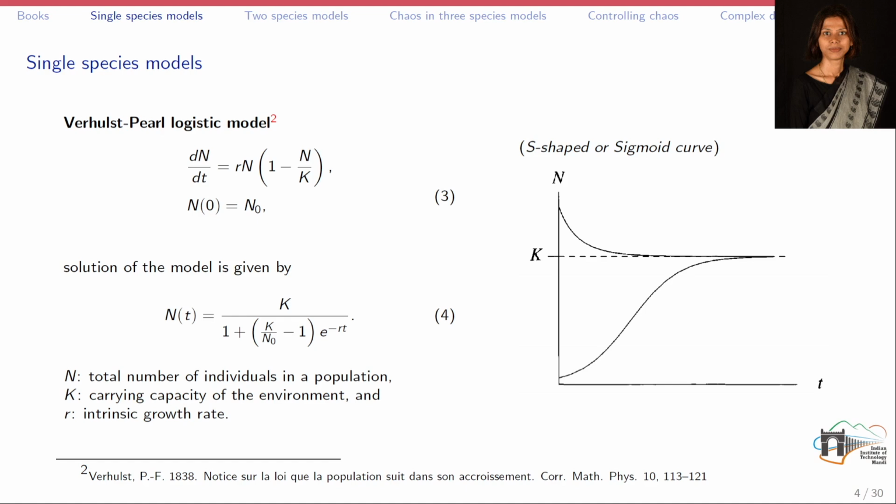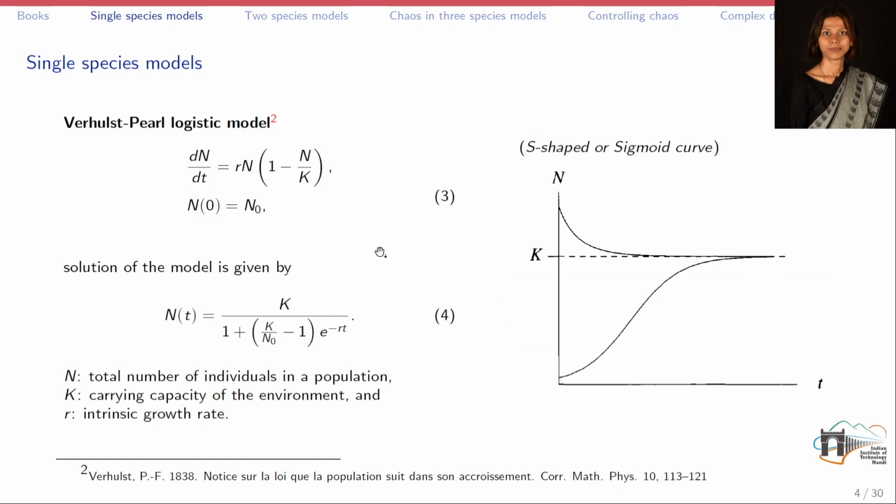So this particular model, known as the Verhulst-Pearl logistic model, or simply the logistic model, has one interesting parameter here. This is known as the carrying capacity. Capital K is known as the carrying capacity. It is nothing but the maximum number of individuals a particular environment can sustain based on the available resources, which includes the availability of food, which is prey, or whatever food they take.